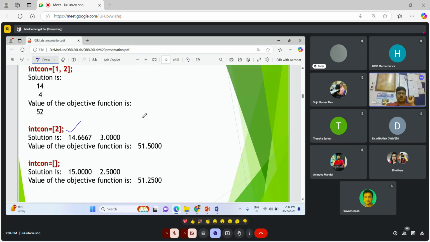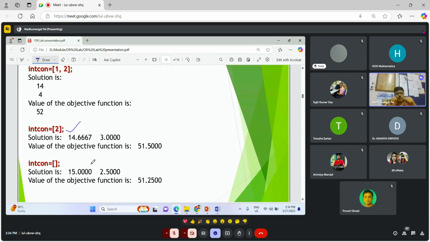Only the x2 variable is the integer variable. In this case, the solution is 14.667. This is not an integer, but the second value is 3, which is an integer. And the value of the objective function in this case is 51.5. You see that the objective function has changed. It is less than the previous one.